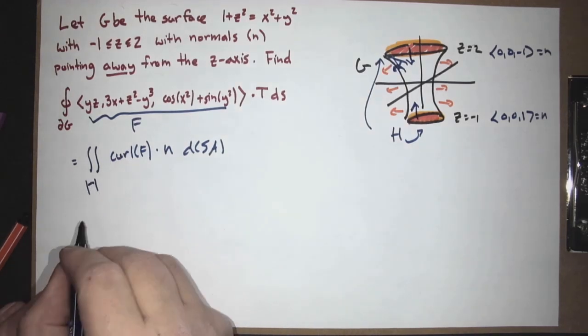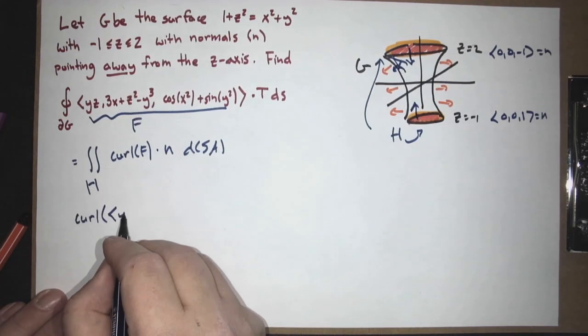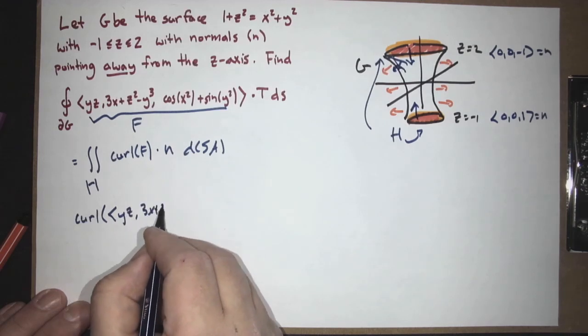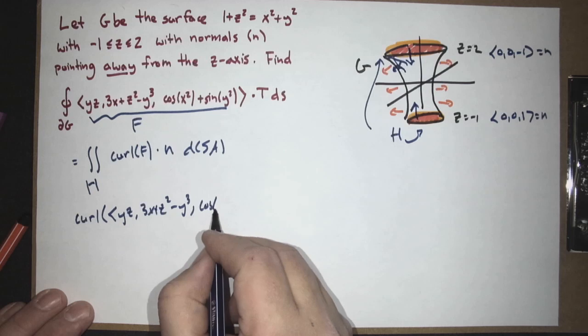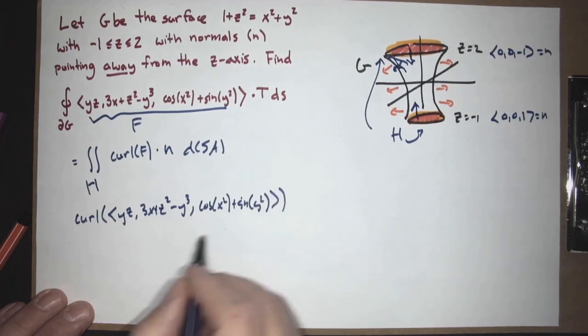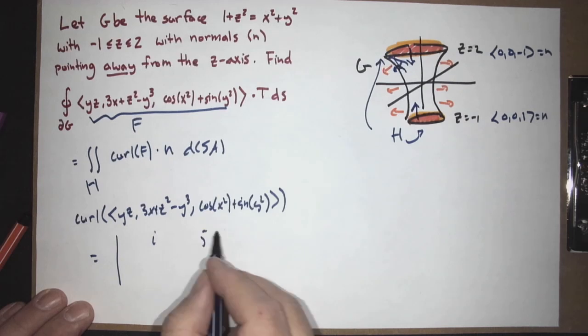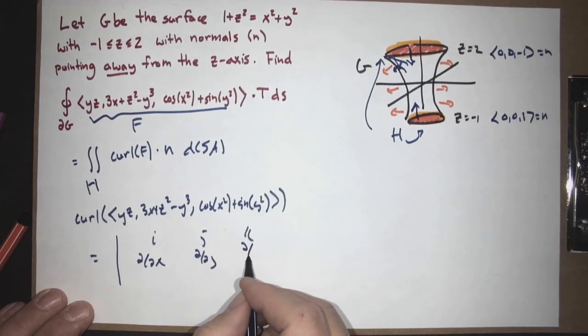Okay, so we take the curl of this terrible expression. Curl of y z, 3x plus z squared minus y cubed, cosine x squared plus sine y squared. All right. i, j, k, partial x, partial y, partial z.